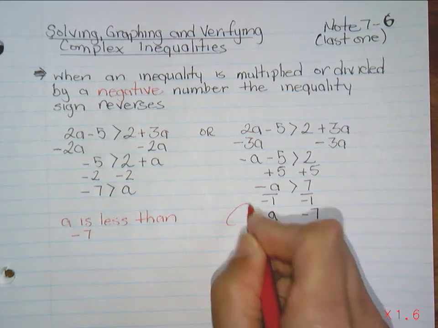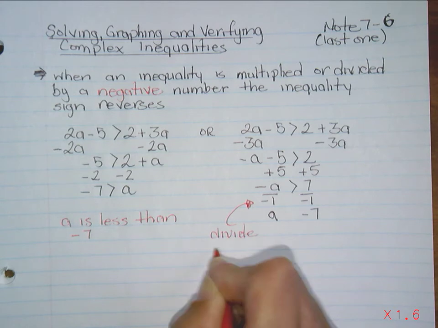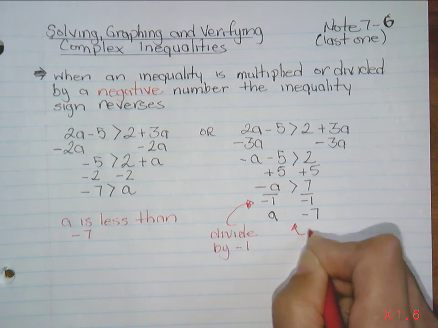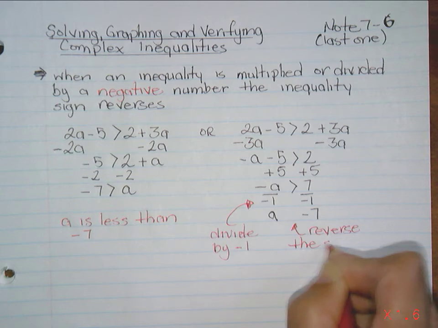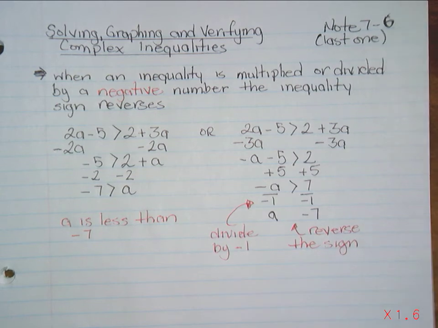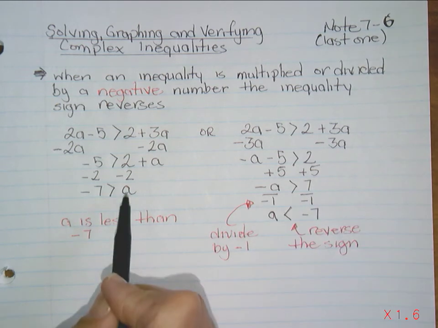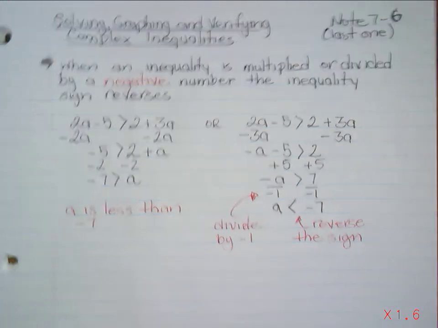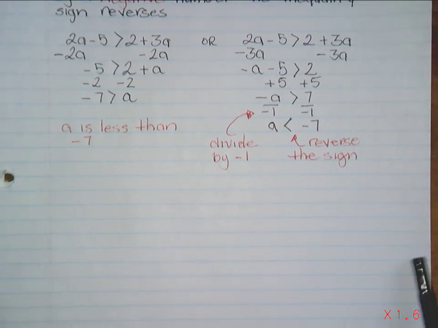If you divide by a negative number, so if you divide by negative 1, then you have to reverse the sign. So if it was greater than, it now has to be less than. So a is less than negative 7, a is less than negative 7. So you have the same solution for both of them. And that's why you have to reverse the sign if you multiply or divide by a negative number.